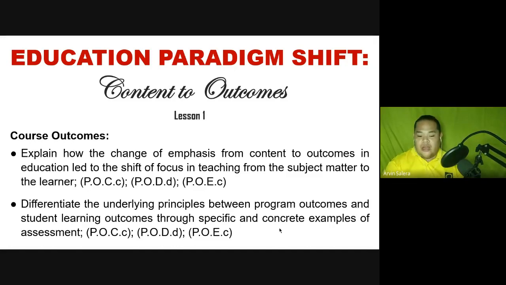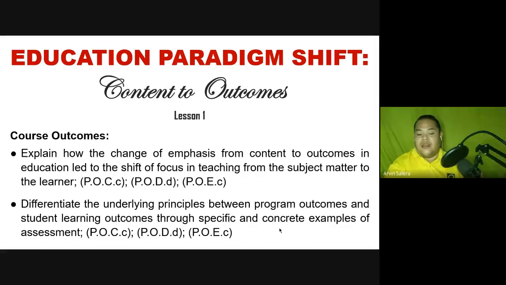The course outcomes of this subject are: explain how the change of emphasis from content to outcomes in education led to the shift of focus in teaching from the subject matter to the learner, and differentiate the underlying principles between program outcomes and student learning outcomes through specific and concrete examples of assessment.